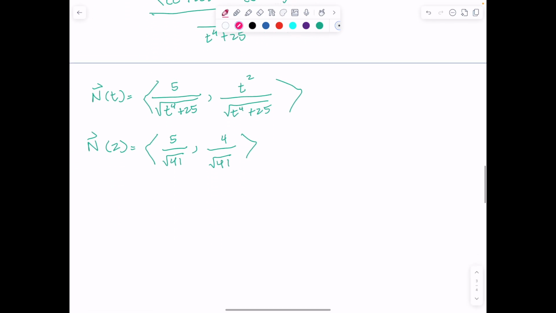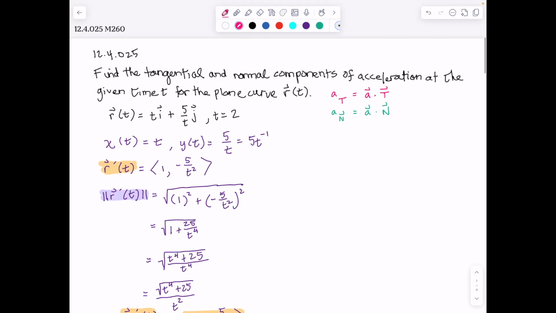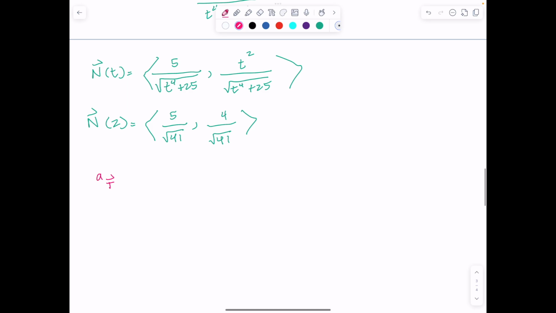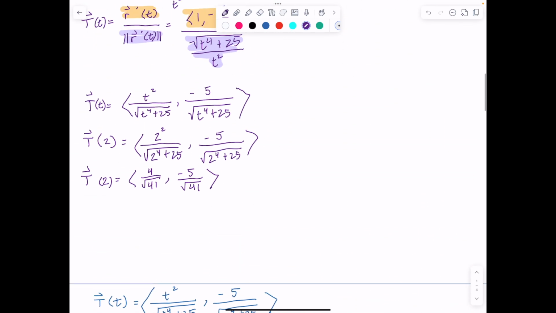And so the acceleration, the tangential component of acceleration is going to be equal to a at 2 dot t at 2. Remember that r prime at t we found earlier was 1, and then what was it, negative 5 over t squared?